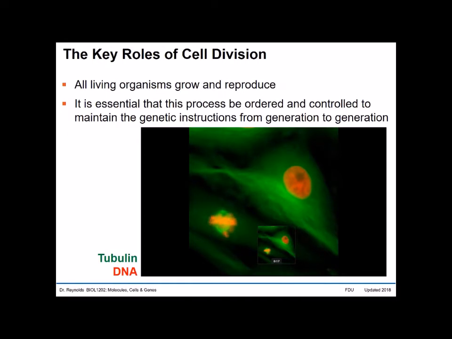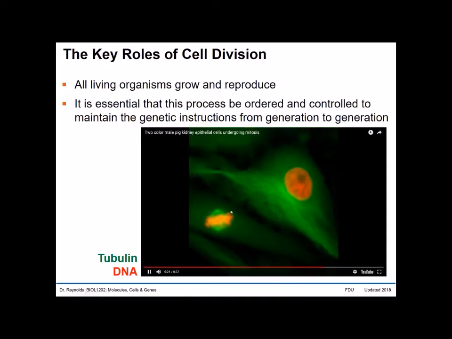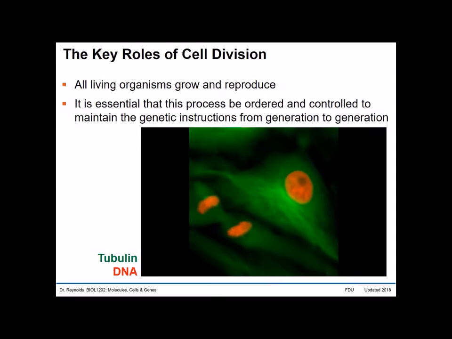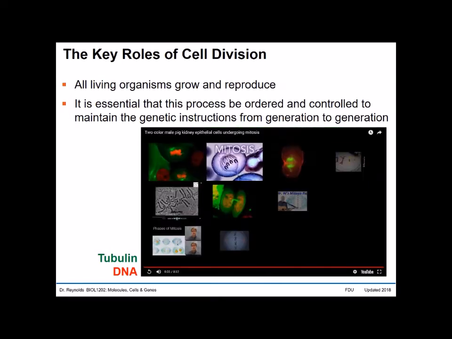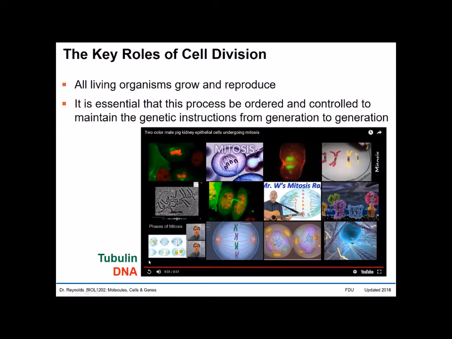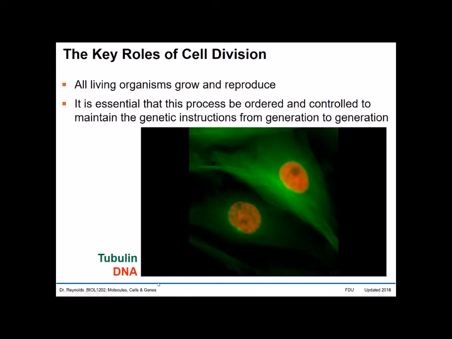The microtubules are wiggling back and forth to line up, and watch, that final chromosome gets in line and boom, they divide. That's cytokinesis, the breakdown and the separation of the cytoplasm.